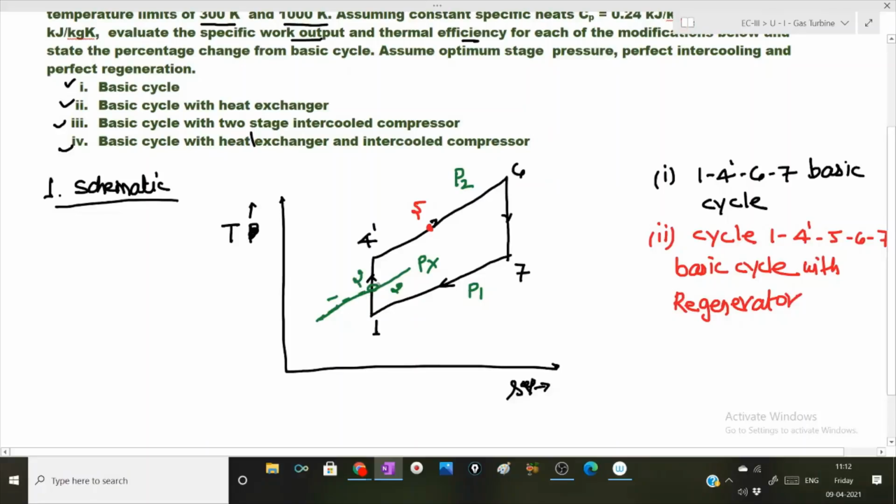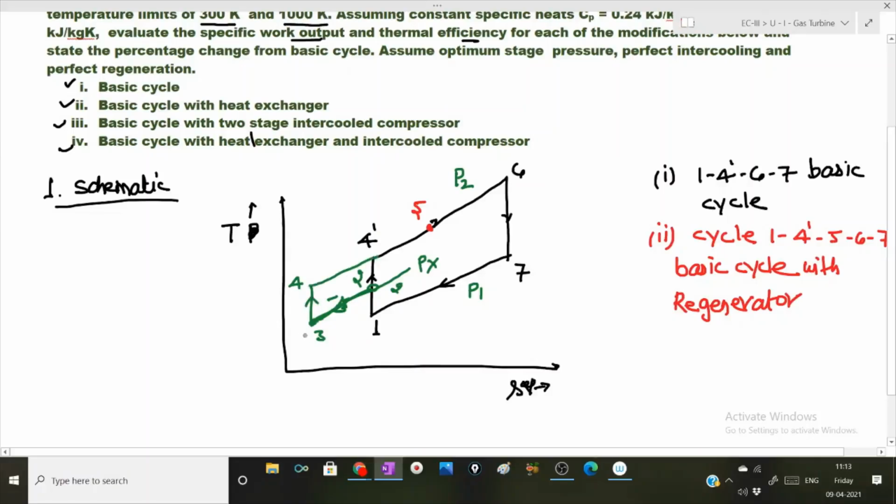Then it is cooled in a heat exchanger. So from 2 to 3, it is intercooling. And once again, from 3 to 4, it is compressed. It should be a perfect vertical line. 3 to 4, it is compressed in a high pressure compressor, and its pressure is increased from Px to final pressure P2.